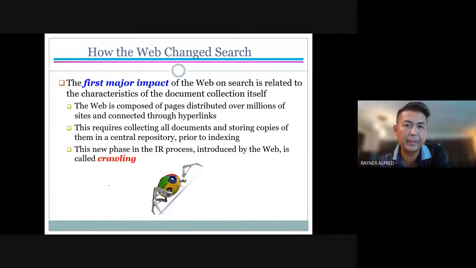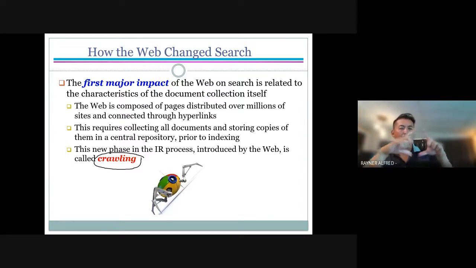So the first major impact is that most companies need to perform crawling. The crawler is just like a program. So what it will do, it will crawl the web, and when they crawl the web, they also make a copy of every page that they have landed on, and then they will send it to the server, and they will get the address where they come from, the title, and the content.